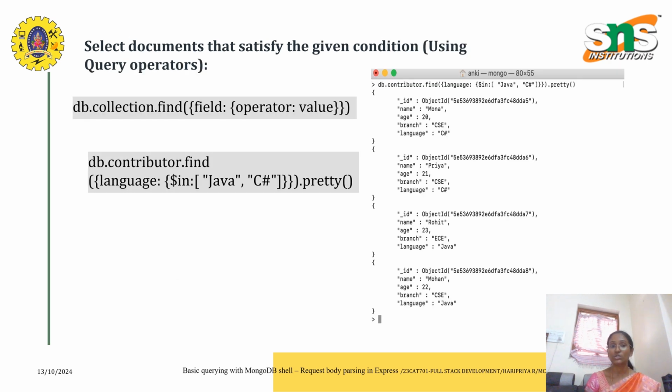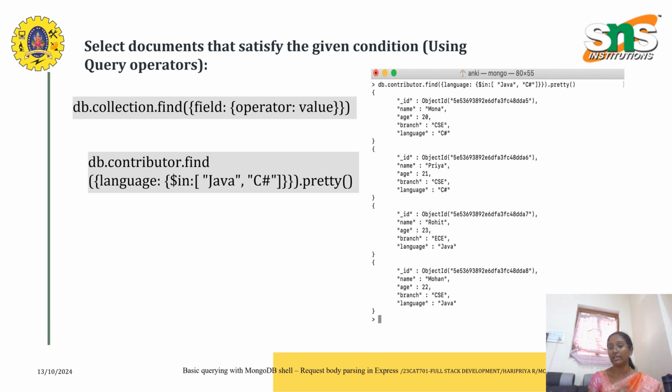Clear? Next is selecting documents that satisfy the given conditions using query operators. How to use query operators? Each and every line is very much the same. You just have to change the keywords only.